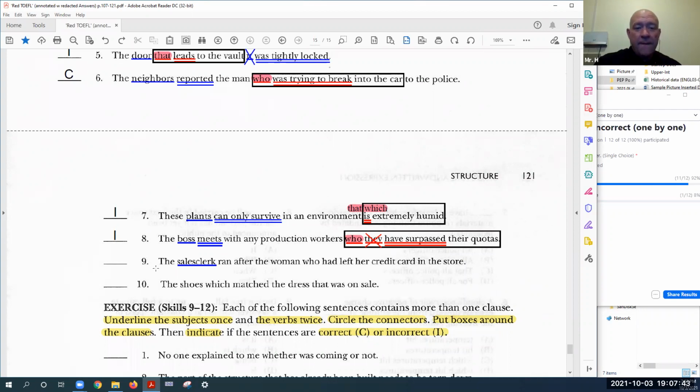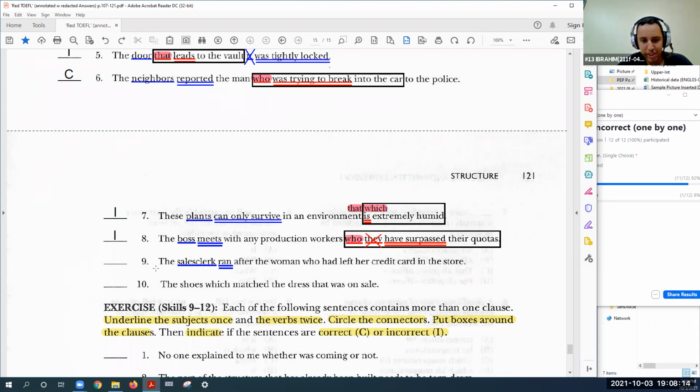Then run is the first verb. That's right. Okay. Then after is the connector or is it a connector? No. Not a connector. Remember, it's sometimes a preposition. Yes, it's a preposition. Okay, keep going.